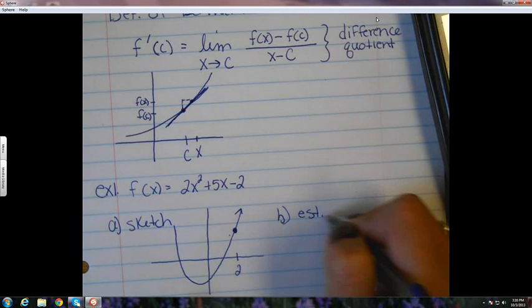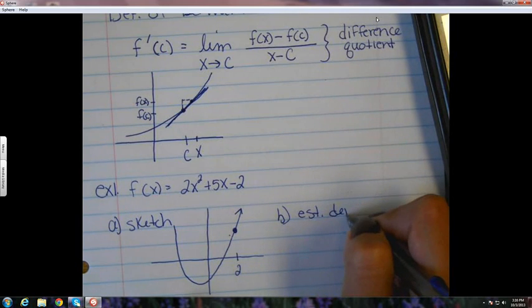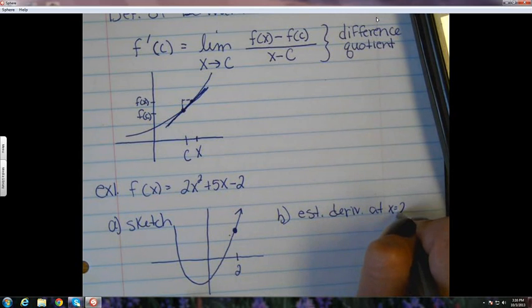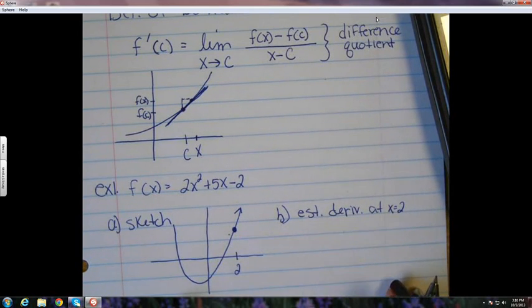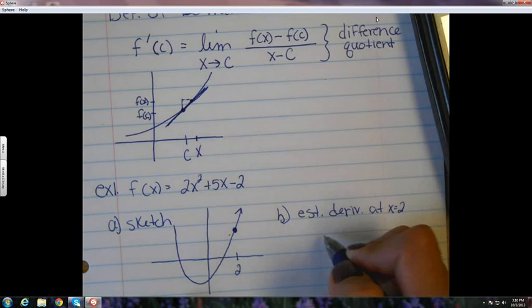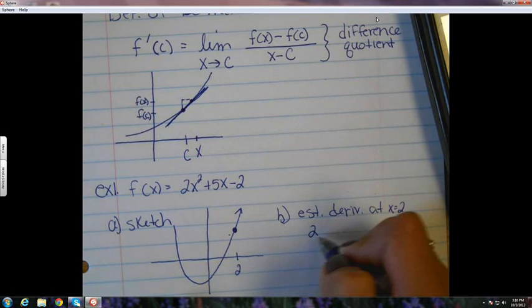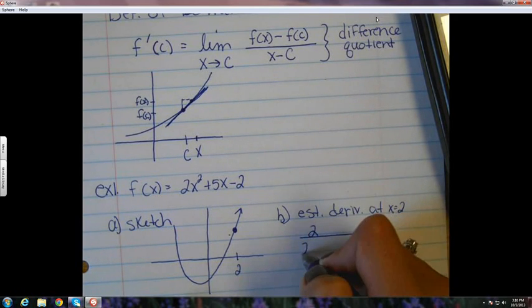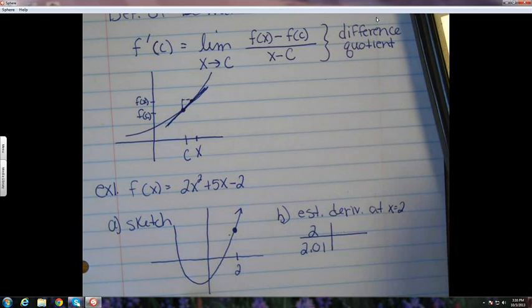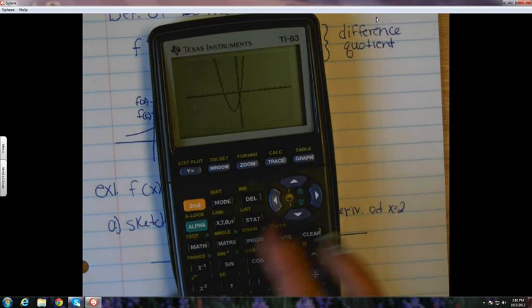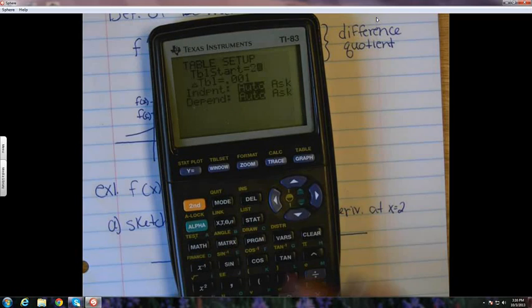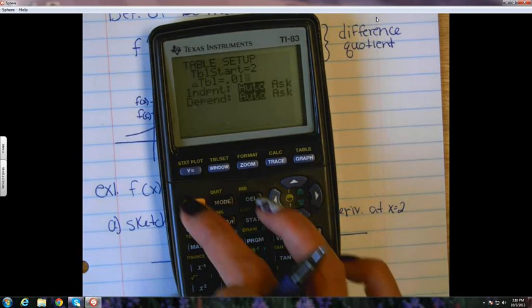Estimate the derivative at x equals 2. And let's just do our 2-point table instead of the 3, because we're not going to be doing this much anymore. So we've got 2, and I'll go 2.01.